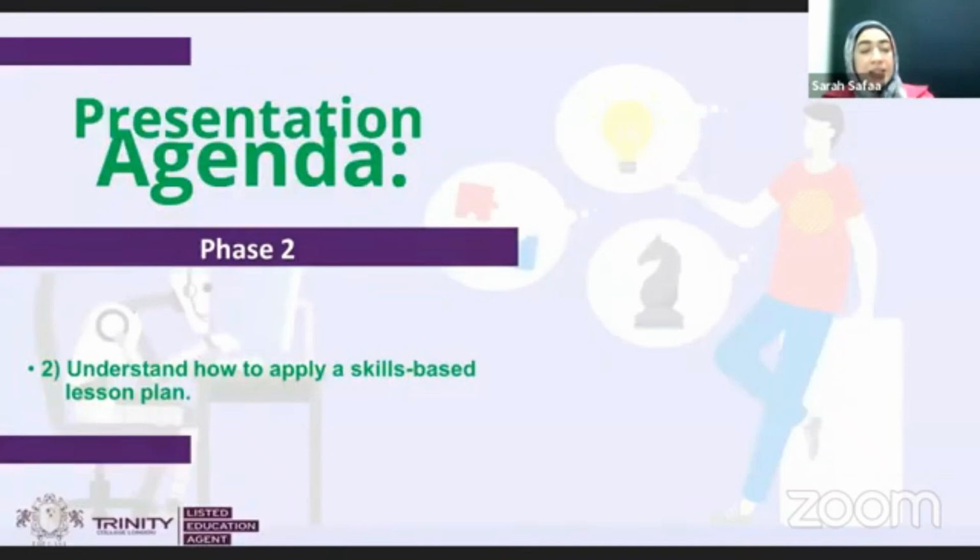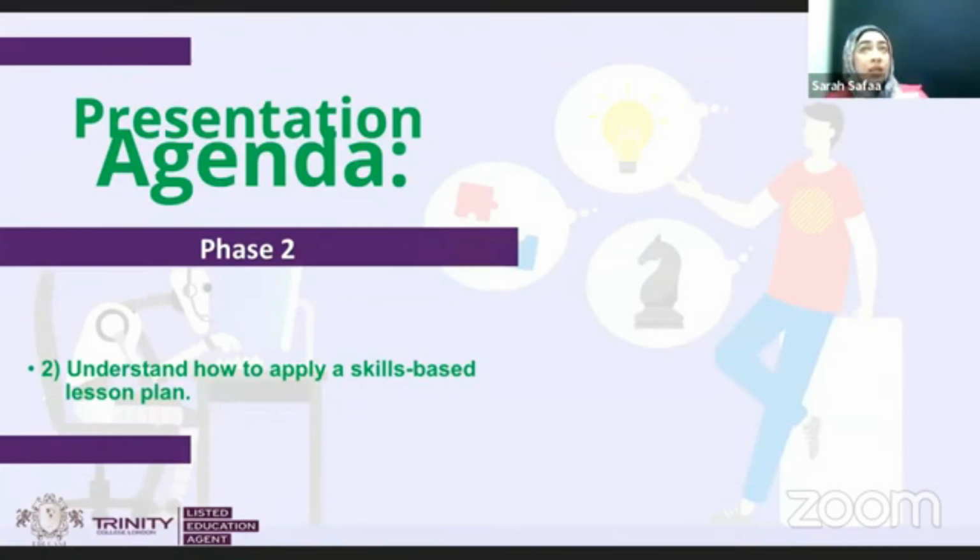So that's the end of phase 2.1, and we're going to dive into phase 2.2, which is the last phase of the presentation. Now we understand the 21st century skills. We have picked the skills that we need to apply in the session.